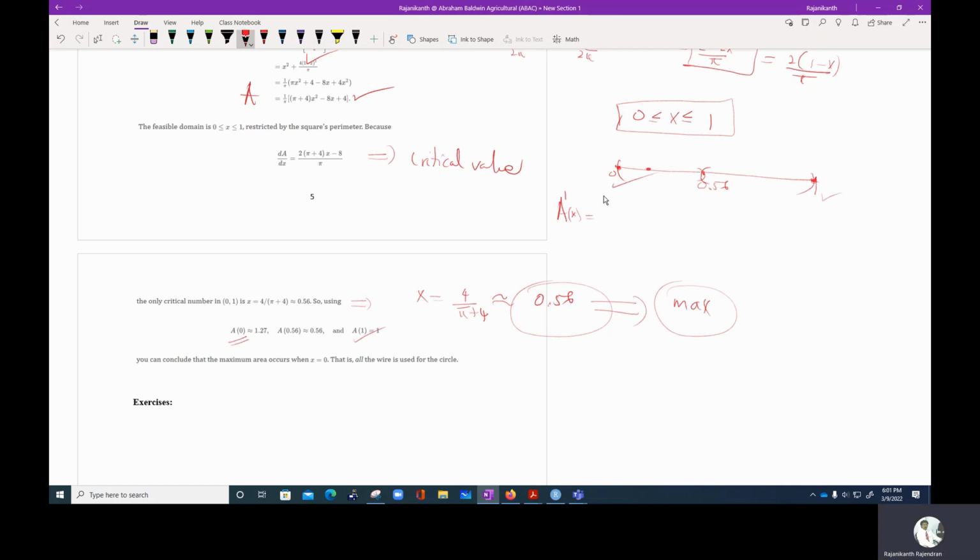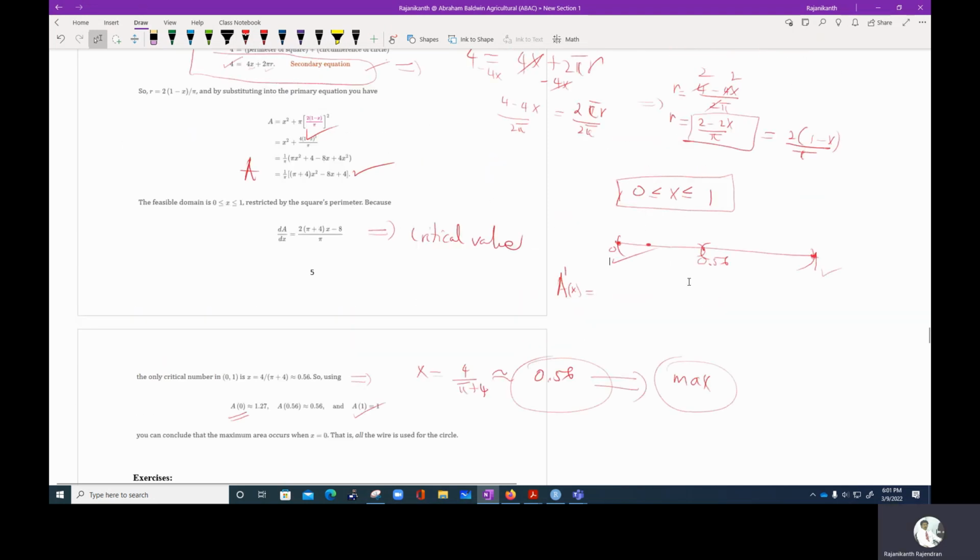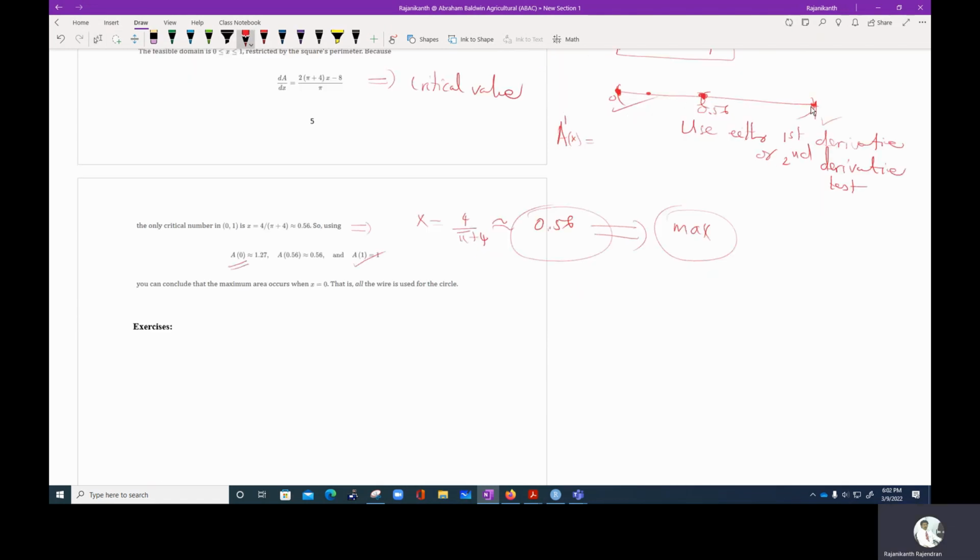So 0 evaluated at the first derivative, and you will get 0 evaluated at the second derivative. You could plug in those, and you will check the answers in either first derivative or second derivative. If you plug in those values, function value at 0 is 1.27.